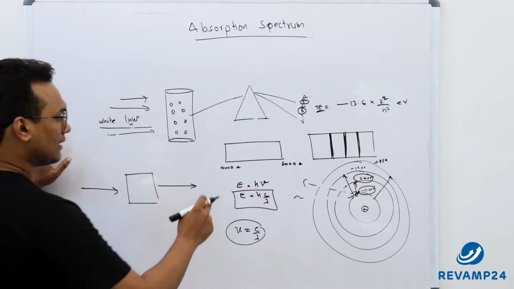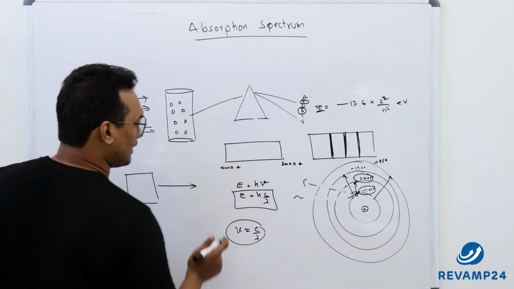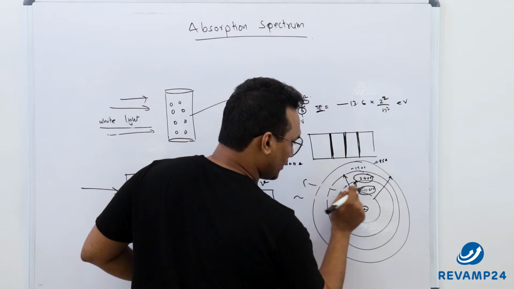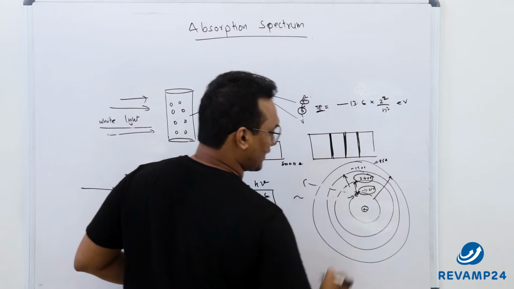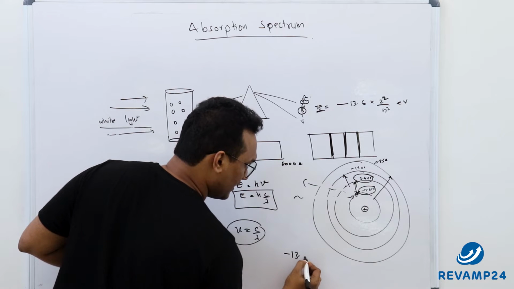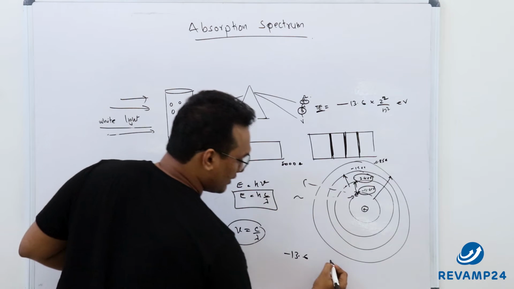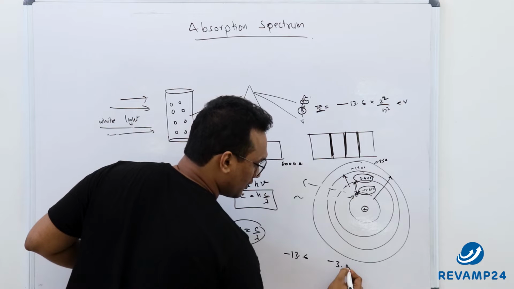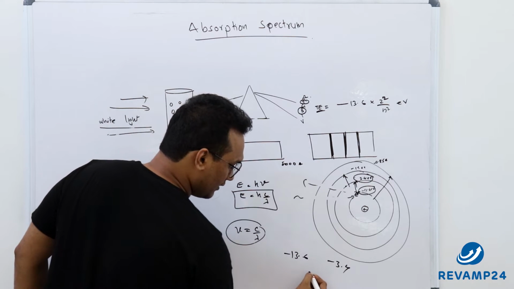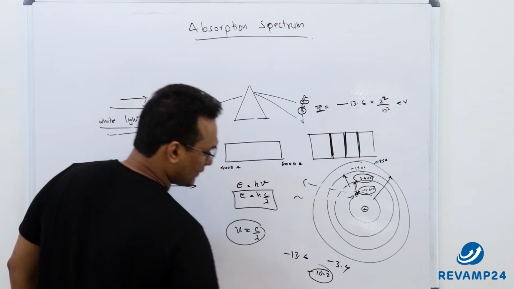So let's say it is having all the frequencies. Out of that, how much energy is required to jump from the first orbit to the second orbit? The first orbit is associated with energy minus 13.6. The second is minus 3.4. So how much should I add? In this case, I should add 10.2.